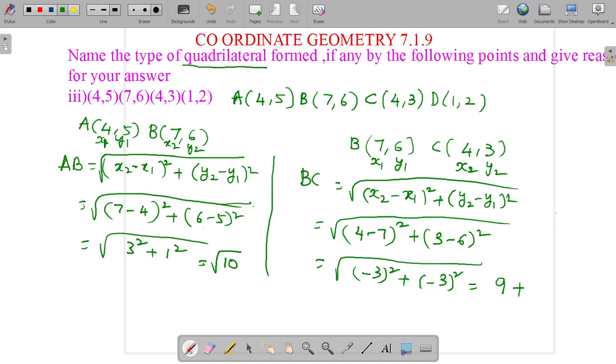The square root of 18 can be written as root 2 into 9, equal to 3 root 2 units.